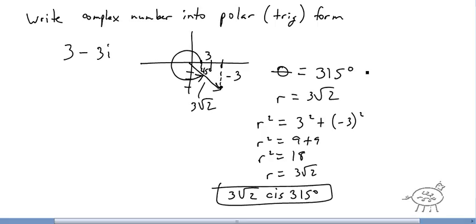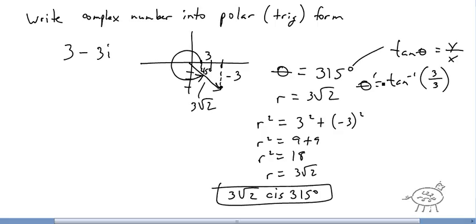Okay. One other thing too is I know I got the 315 degrees by recognizing that. Of course, you could have also said tangent of theta is equal to y over x, and you do the inverse tangent of y over x. And we use the positive values. This is kind of from last chapter. We use the positive values because that's going to give us our reference angle.